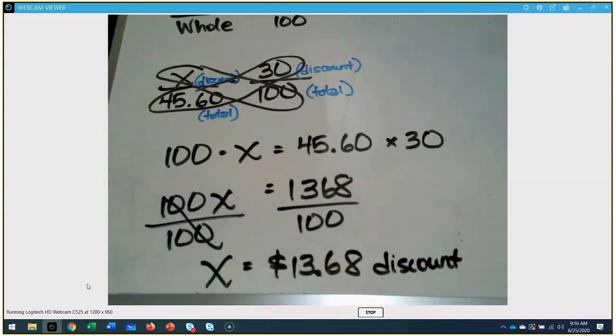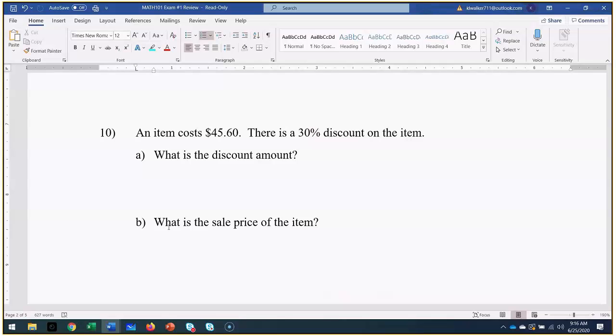For part B, they want what is the sale price. So discounts come off, so all we have to do is then subtract. So if it's $45.60 to start, and we're getting a $13.68 discount, let's see what that comes out to be.